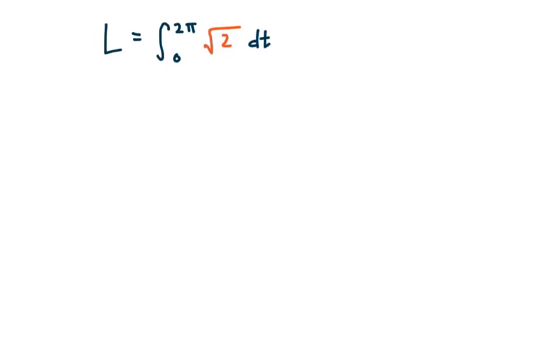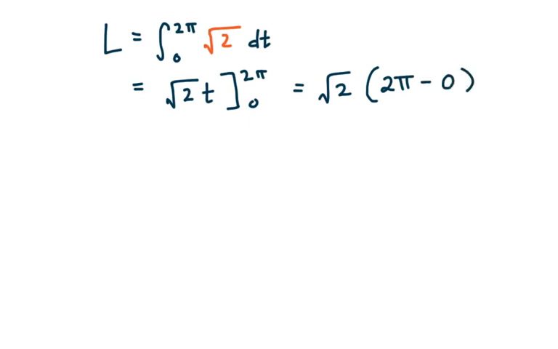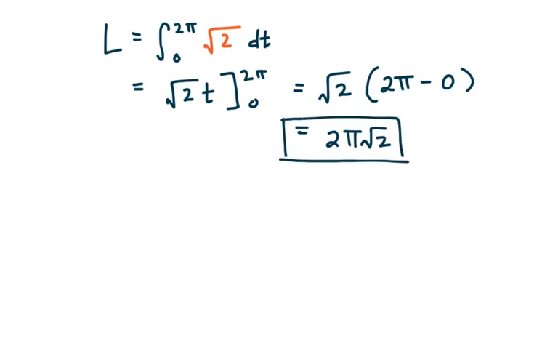Square root of 2 integrated with respect to t becomes square root of 2 times t, which would be square root of 2 times 2 pi minus 0, or rather 2 pi root 2. So that is the length in units, whatever distance unit is specified in the problem. It was not specified here.